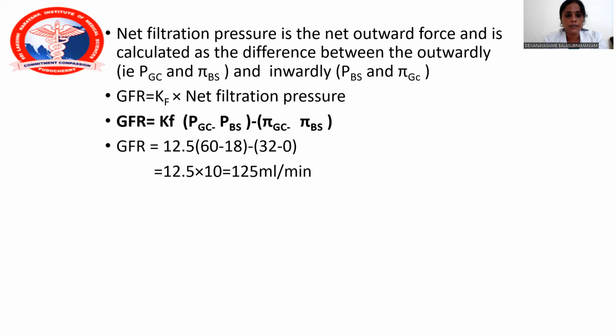So GFR is equal to Kf multiplied by net filtration pressure, that is, Kf times PGC minus PBS minus pi GC minus pi BS, as I told before. So we put in the values.